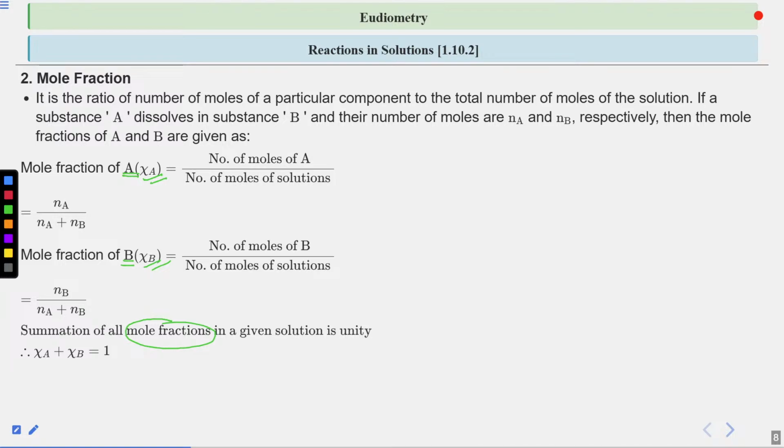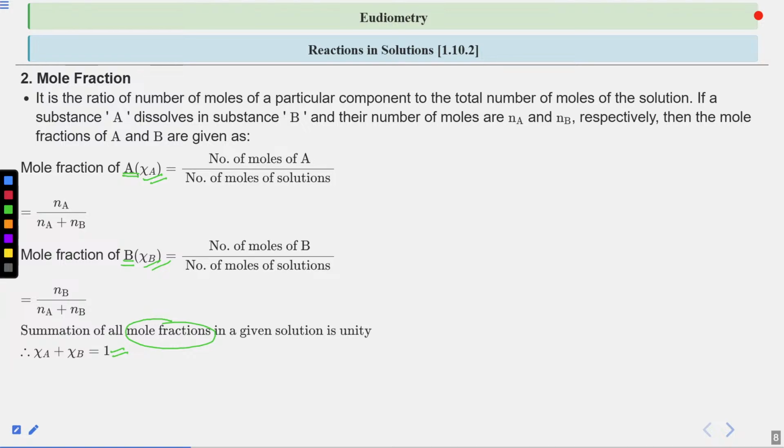Again I am repeating it. Suppose we have a solution in which we have only two components, A and B. Then chi A is the mole fraction of A and chi B is the mole fraction of B. Clear? If you add both of these mole fractions, you get 1.